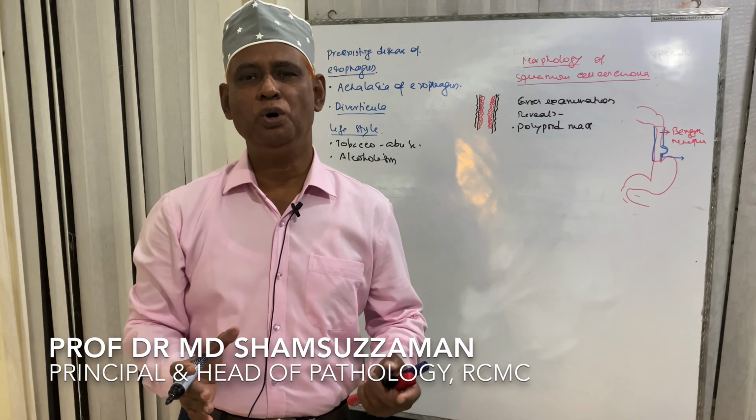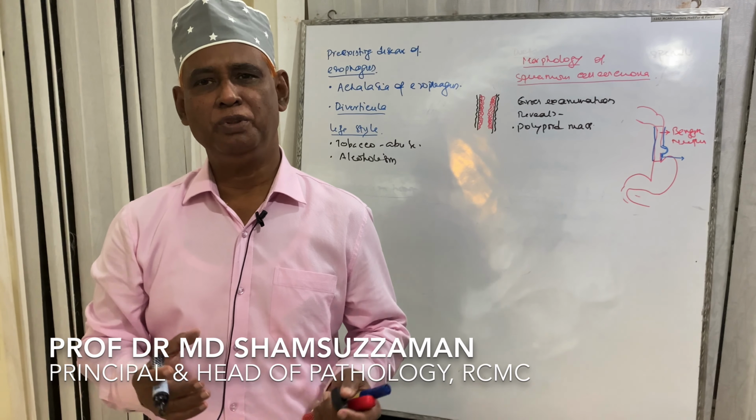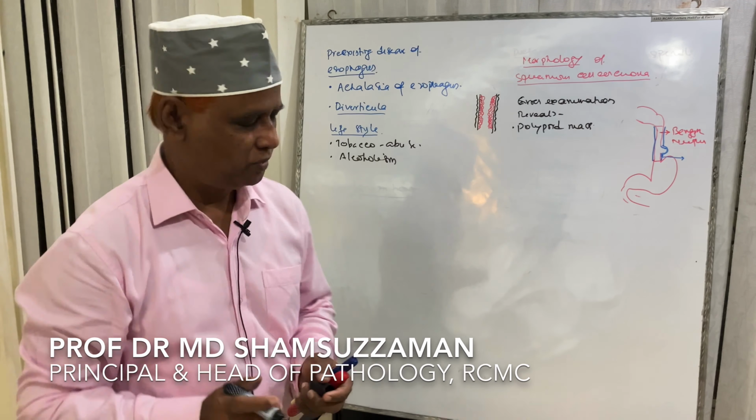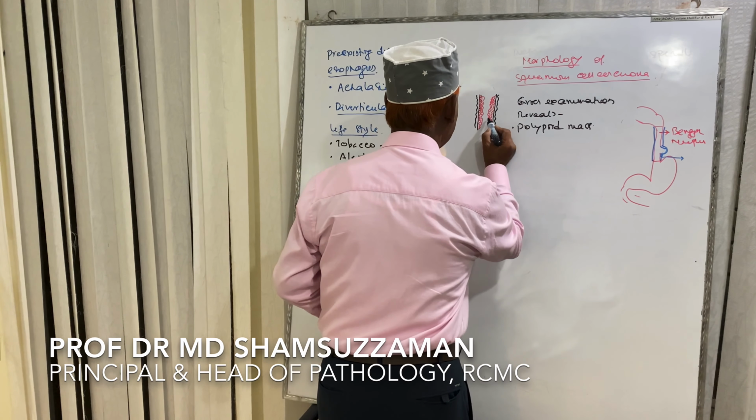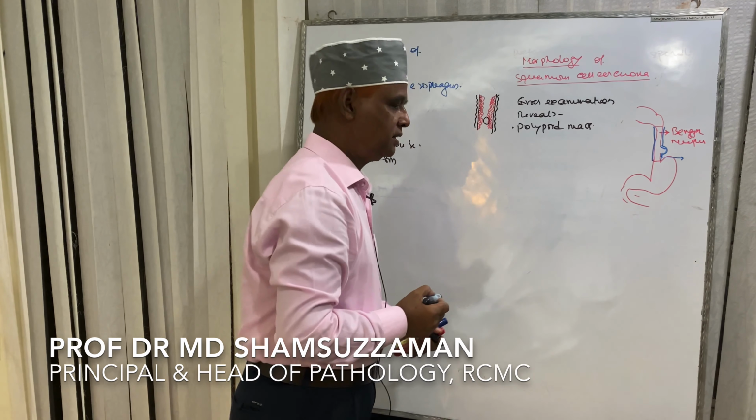Dear audience, we know a finger-like or tongue-like projection from the mucosa is known as a polyp. So there will be a polypoid mass like this.